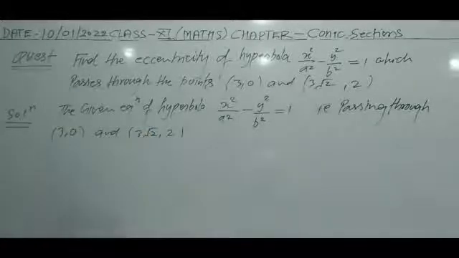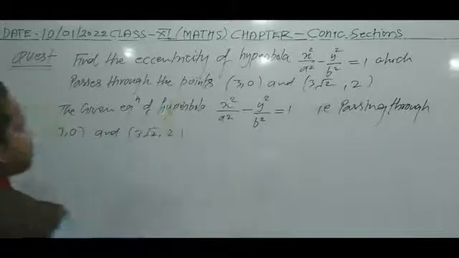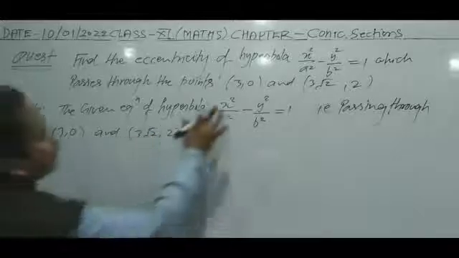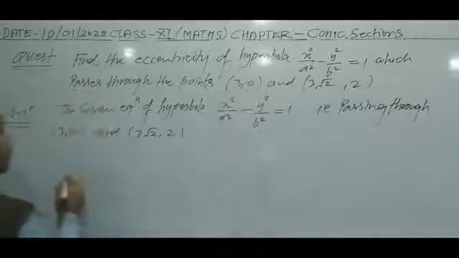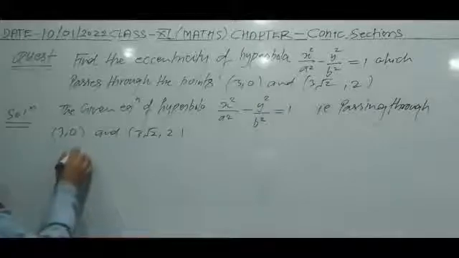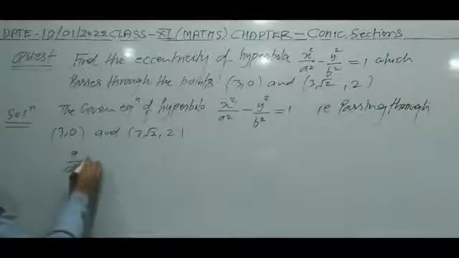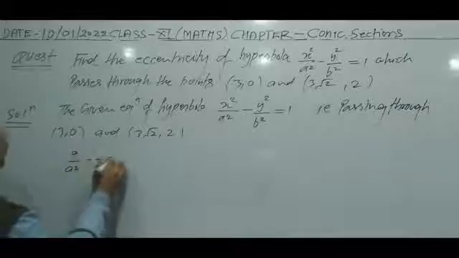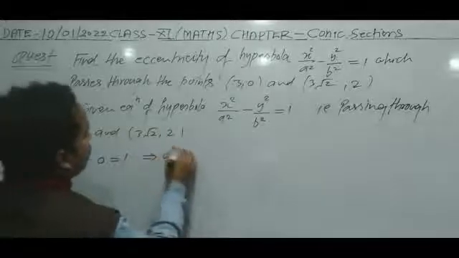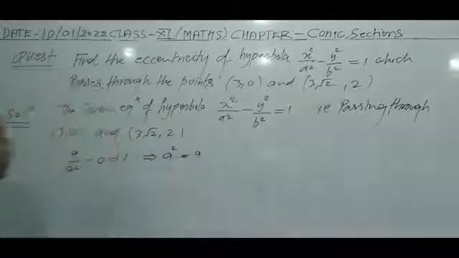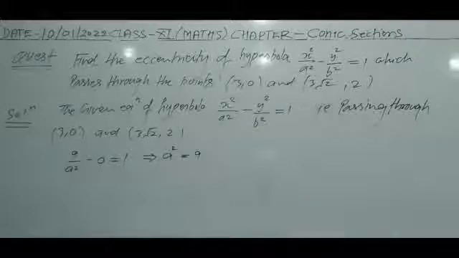Therefore, these points will satisfy the equation. At the place of x and y you have to put the values. So result will be 9 by a square minus 0 is equal to 1. This implies a square is equal to 9, and a we can write plus minus 3.